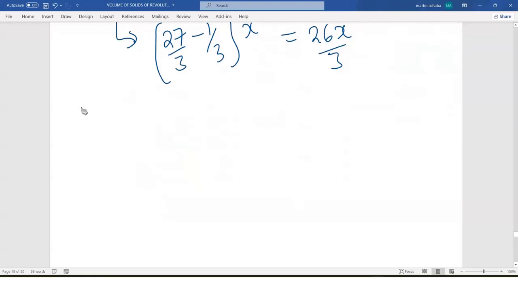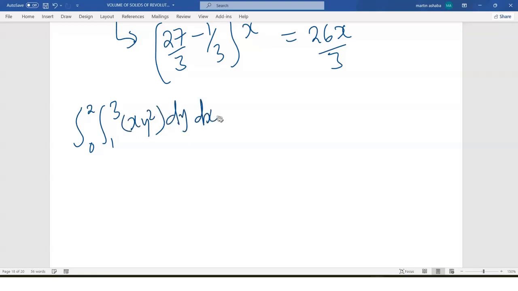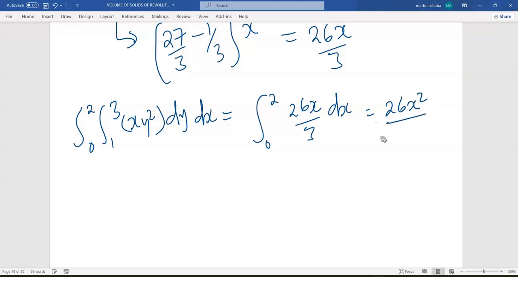So that means integrating from 0 to 2 and from 1 to 3 of x y squared with respect to y and with respect to x would give us the integral from 0 to 2 of 26x out of 3 with respect to x. This becomes 26x squared divided by 2 times 3 from 0 to 2.